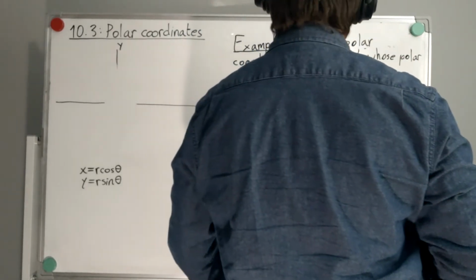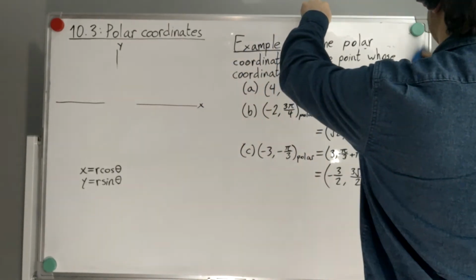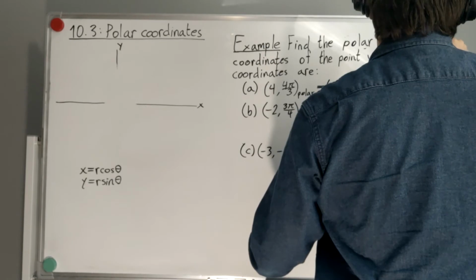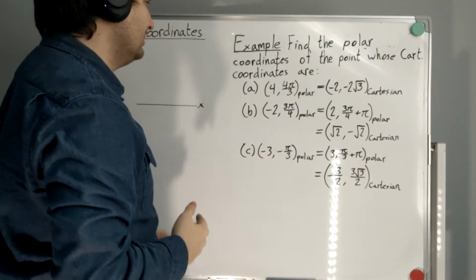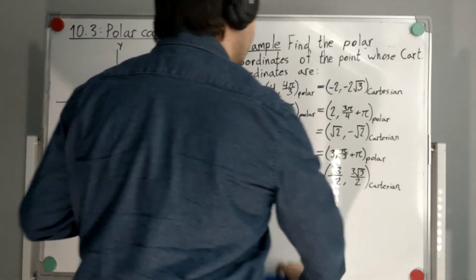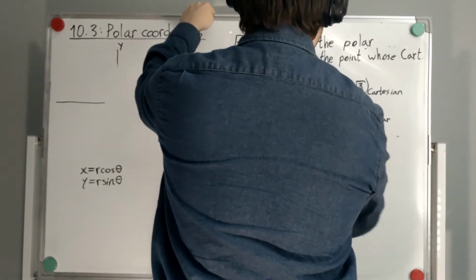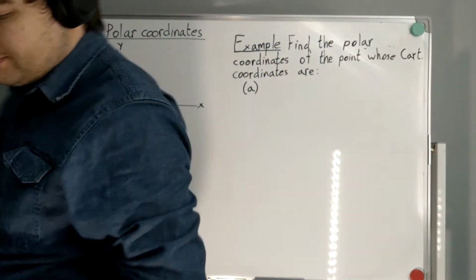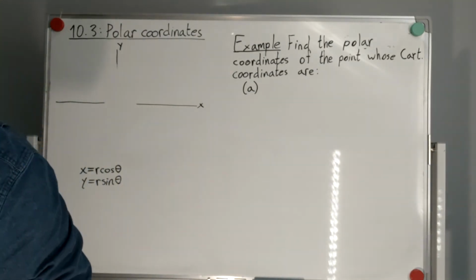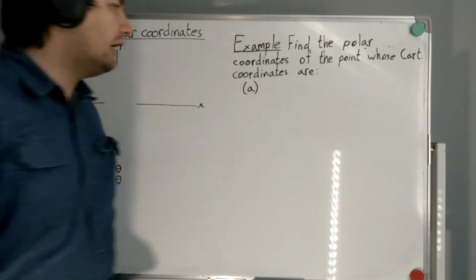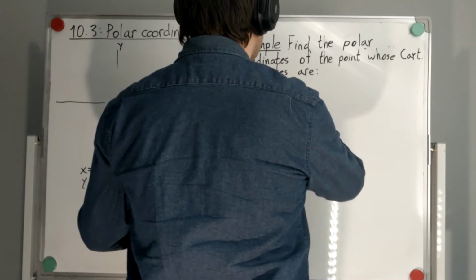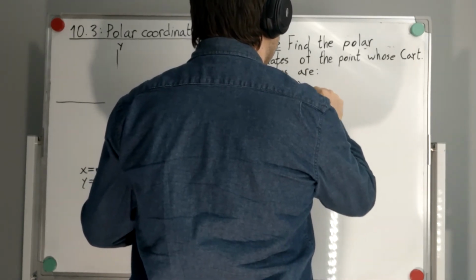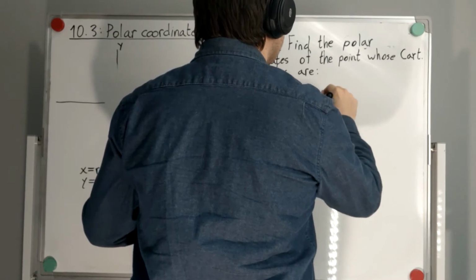Of the point whose Cartesian coordinates, I don't have enough room to spell out Cartesian, so I'll just write cart. Okay, so this one, root 3, negative 1. And this is the Cartesian coordinates.